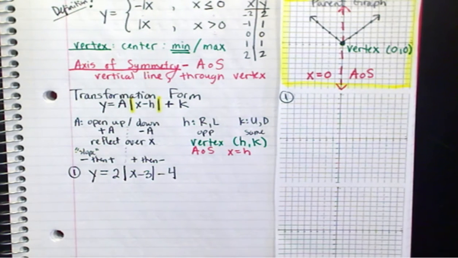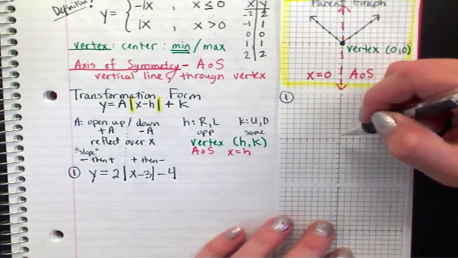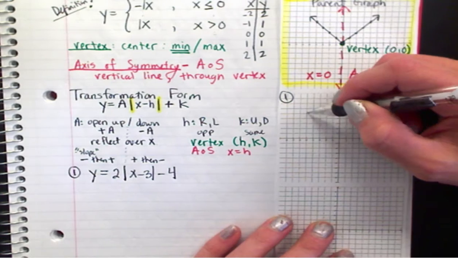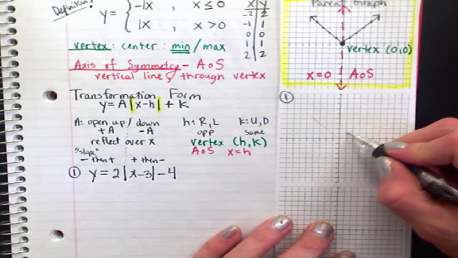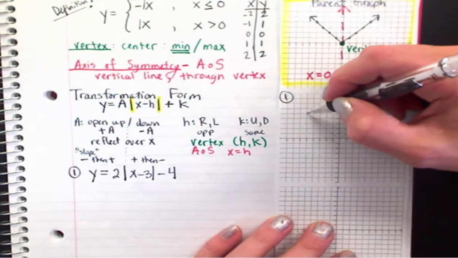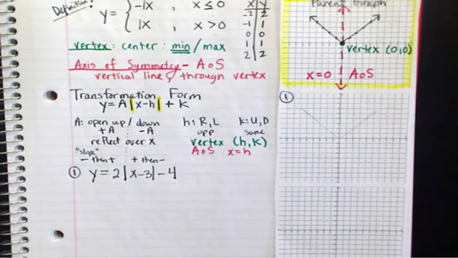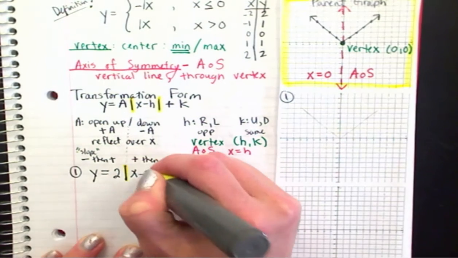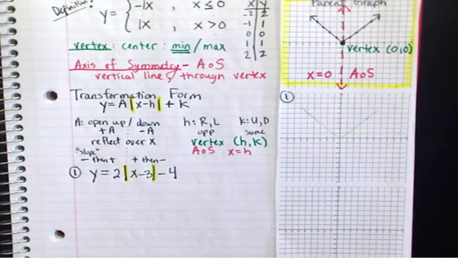I'm not going to draw it for you. You're going to get a blank graph and you're going to have to draw it. So I'm going to sketch it very, very lightly in pencil because that's the general shape of the graph that I need to draw. Okay, how do I know it's absolute value? Because you see absolute value bars in the equation. That's how you know what shape it is.